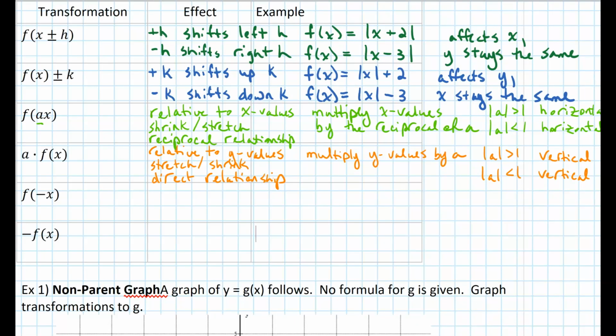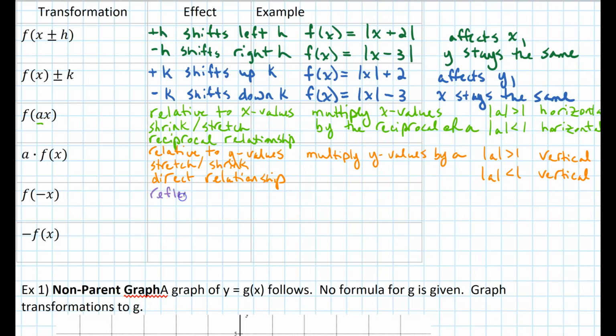On to the next one. So we said, what happened when you had the negative on the inside? What did we say happens? Well, the absolute value one stayed the same, and that's because it's a mirror. It's reflecting over the y, so it just ends up making a mirror image.